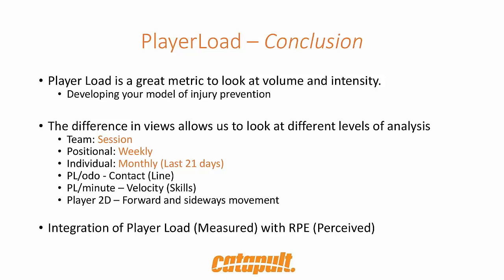And then also diving into player load 2D, is it worth our time to start to explore that metric a little bit more, looking at just the forward and sideway movements, and what other metrics do we overlay that with, and getting into the RPE of, why is it advantageous to look at my perceived versus measured, and if there's a disagreement, being able to physically just see that on a chart and dig deeper in your level of analysis.